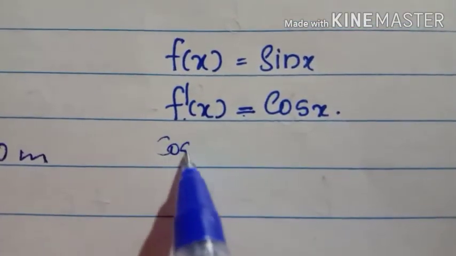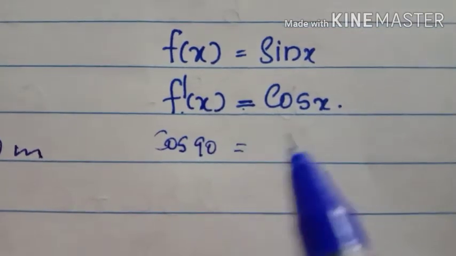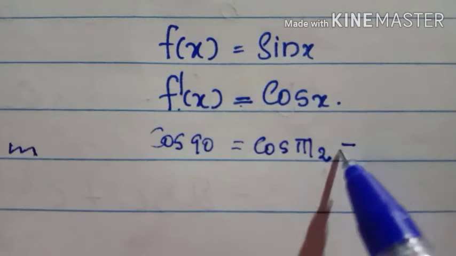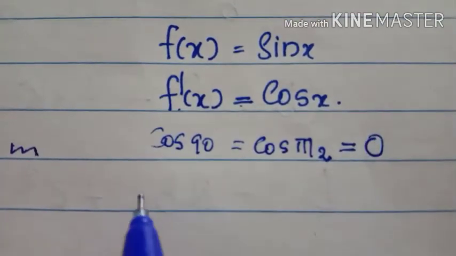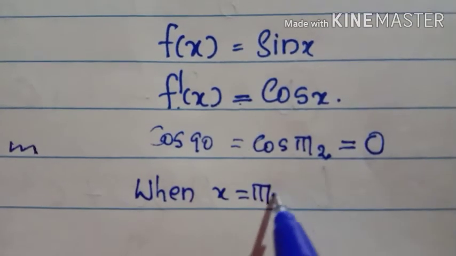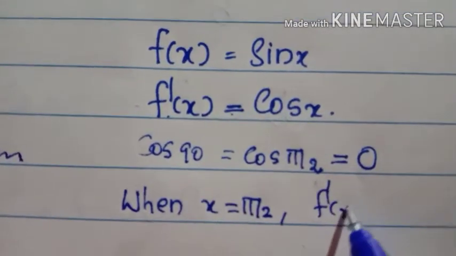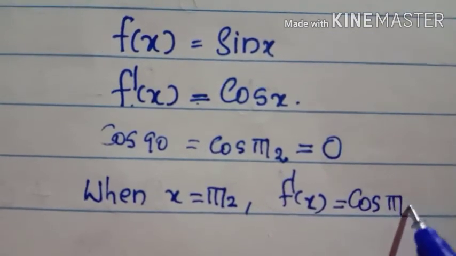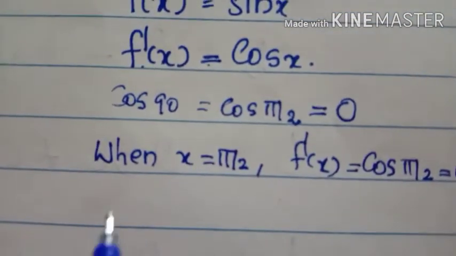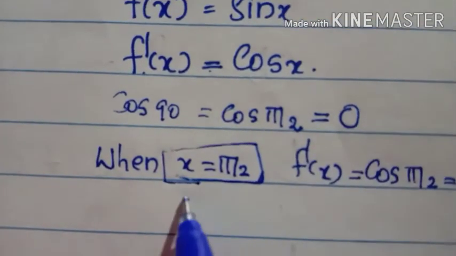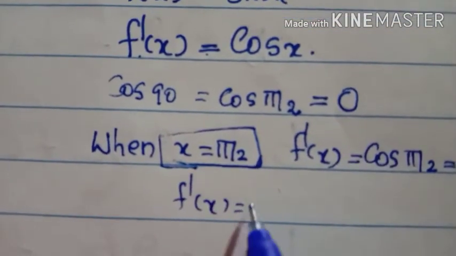What is cos 90? 90 means pi by 2. Cos pi by 2 is 0. So when we put x equal to pi by 2, f dash of x equals cos pi by 2, which equals 0. So when x equal to pi by 2, the first derivative becomes 0.